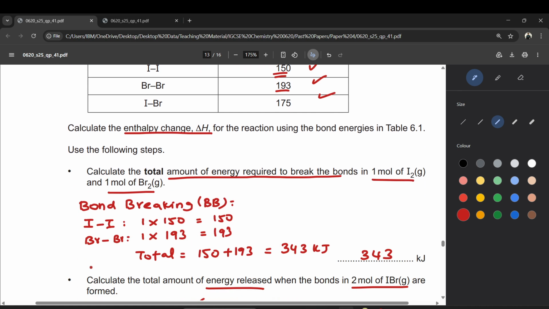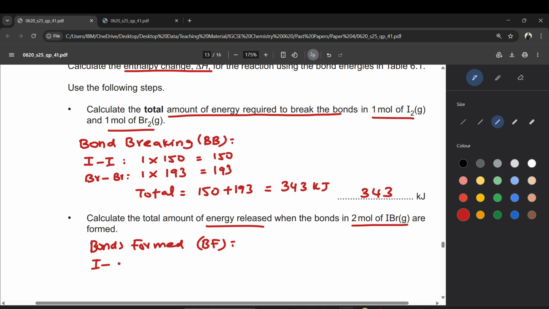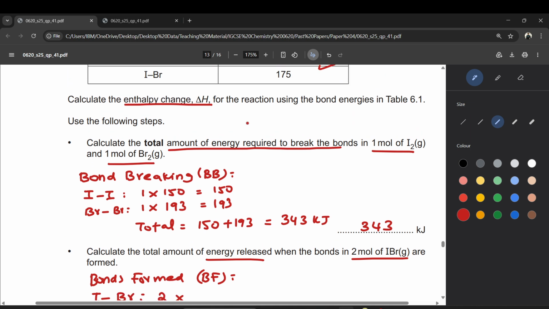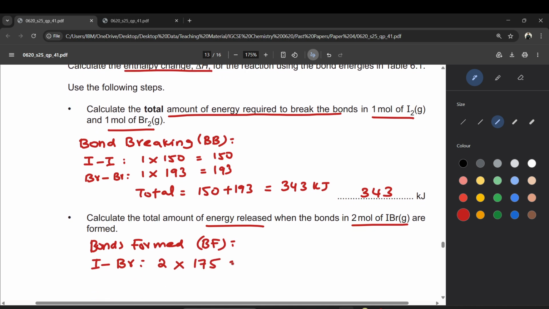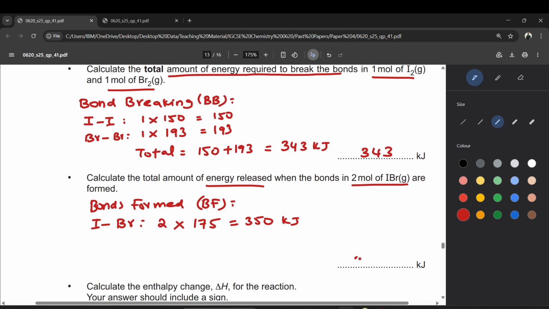So I'm going to write it over here, two bonds, and if I multiply this by the bond energy value, which is 175, I get 2 times 175 equals 350 kilojoules.